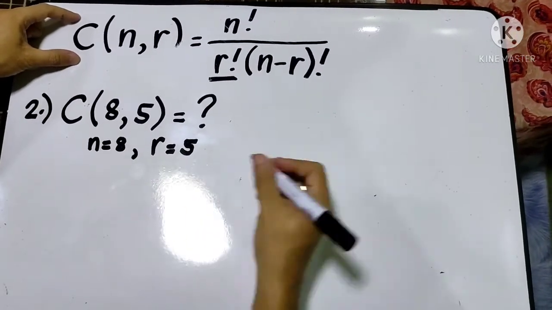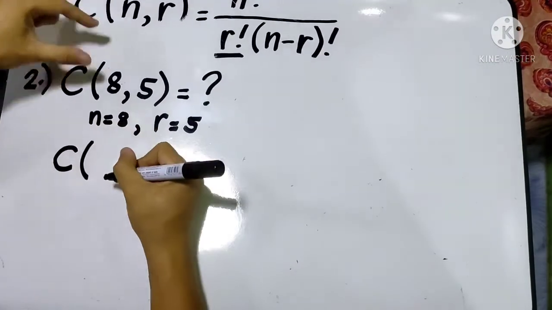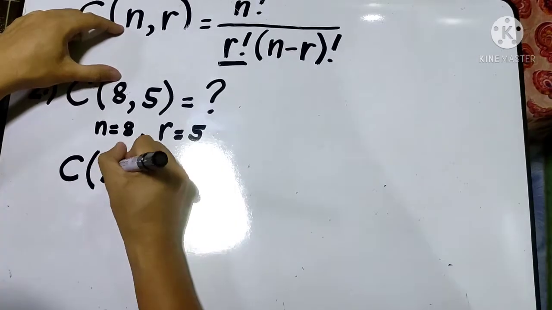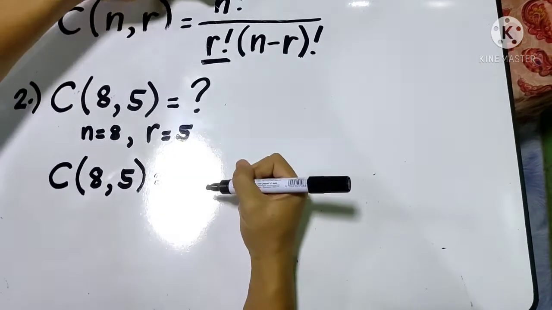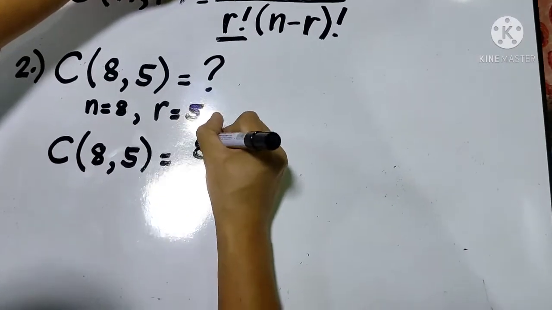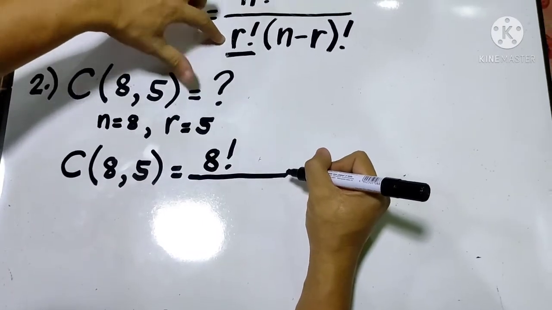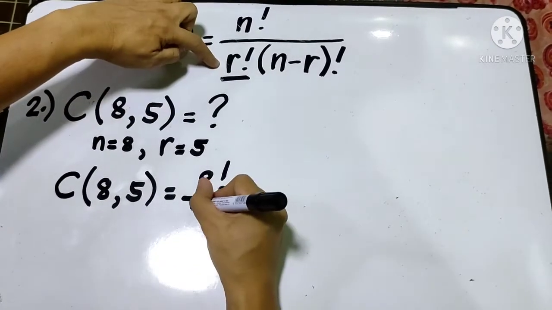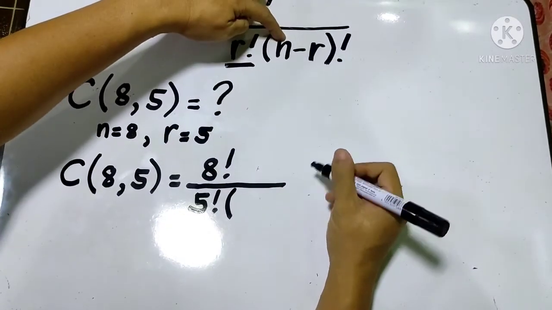So, by applying the formula, you will have combination of 8 taken 5 is equal to n factorial. So, replace n with 8. So, you have 8 factorial over r factorial. Replace it with 5. So, 5 factorial quantity n.